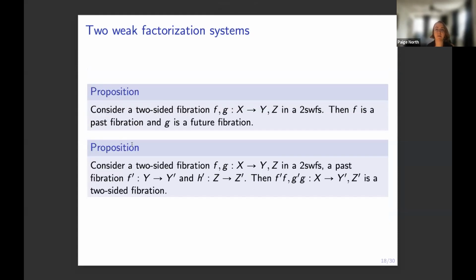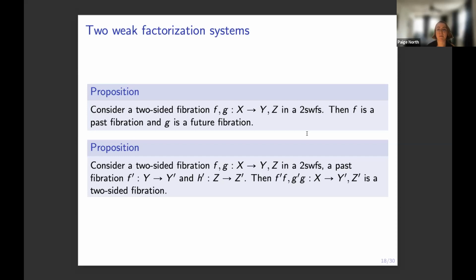Okay, so we have some nice behavior for a strong two-sided weak factorization system. Again, I want to qualify all these two-sided weak factorization systems in this slide with strong. So if we have a two-sided fibration and a strong two-sided weak factorization system, then F is a past fibration. So the left-hand leg is a past fibration and the right-hand leg is a future fibration.